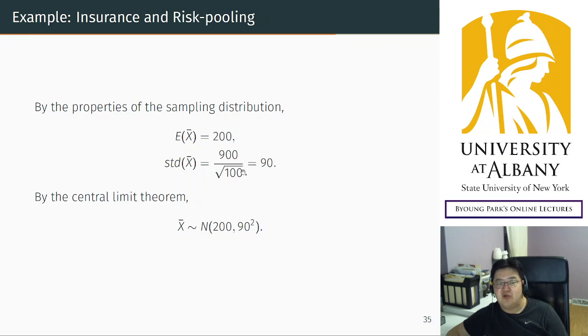The denominator will be 10, so it cancels out, and 90 is the standard deviation of the sampling distribution. And then you know everything about the sampling distribution, because by the central limit theorem, X bar follows a normal distribution, and the parameters are just calculated: mean 200 and standard deviation 90, so the variance is 90 squared. Therefore, you can calculate that probability.